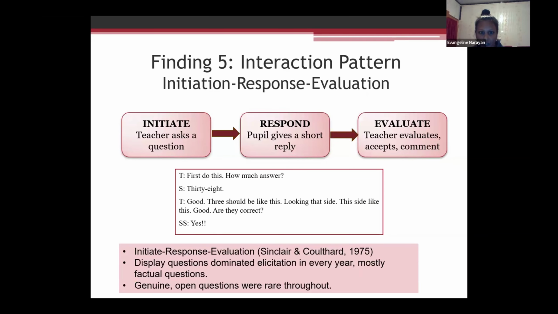I'm now looking at the interaction pattern. Interaction did occur. There was back and forth talk happening in the classroom, but this was quite rigid.